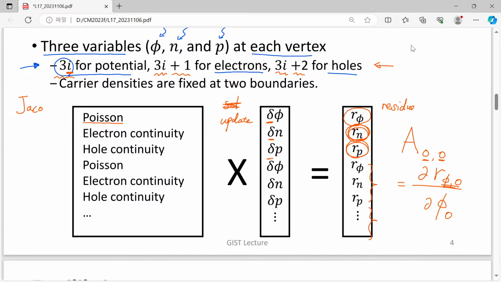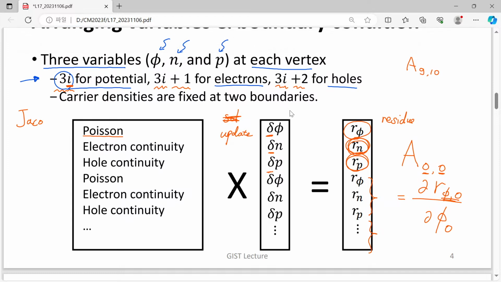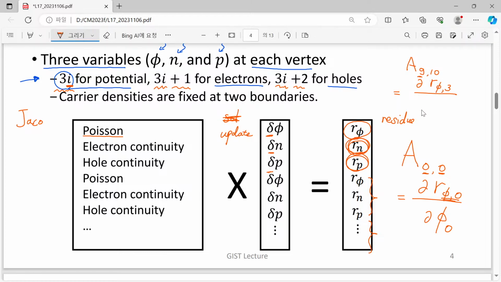So then let me give you another question like 9, 10. What is it? If you have a component like 9, 10, this corresponds to your Poisson equation at third vertex, because number 9 corresponds to this physical meaning.